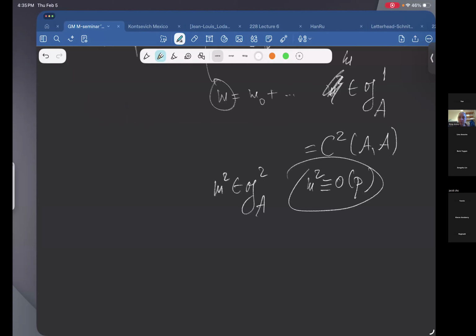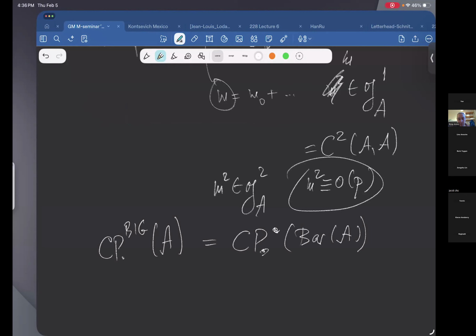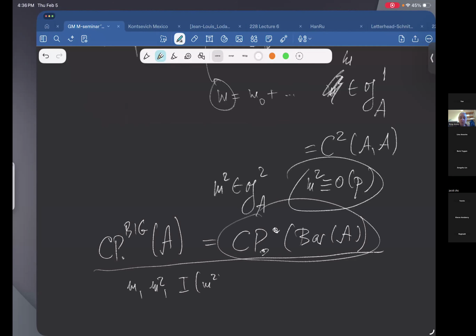So there is this version, and this is what I explicitly mean. And so everything, M square, I or J of M to N, and so on, they all act on this complex.